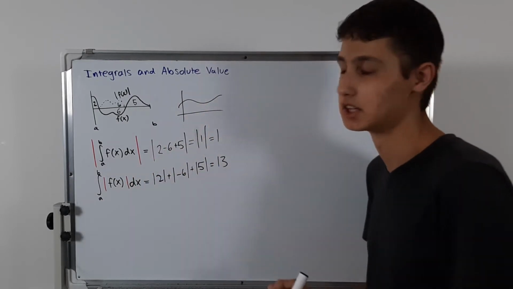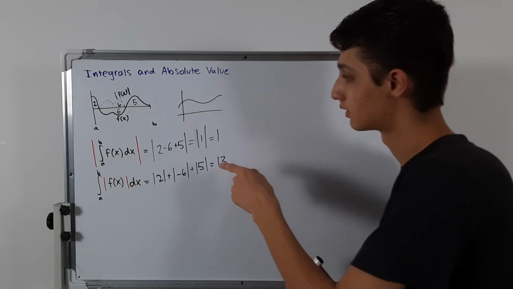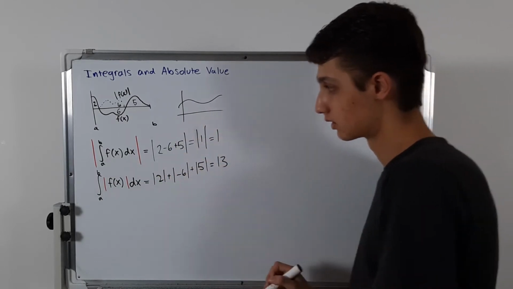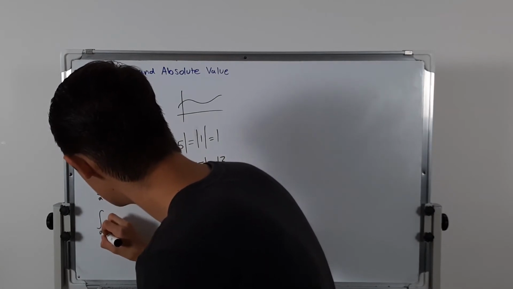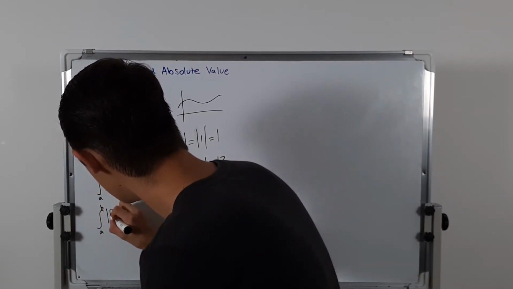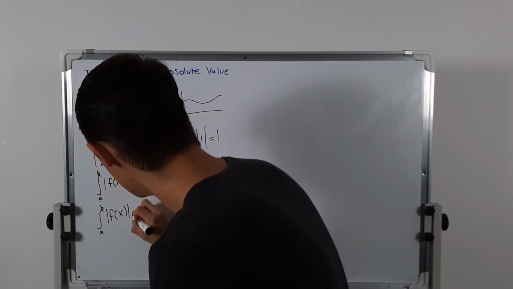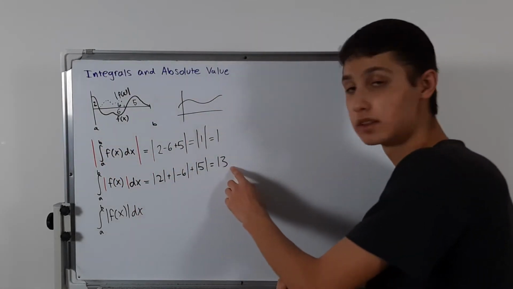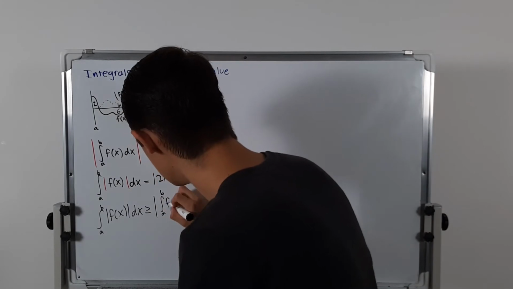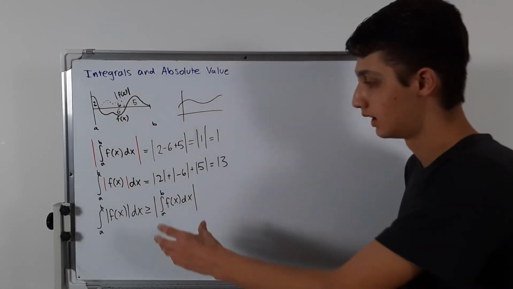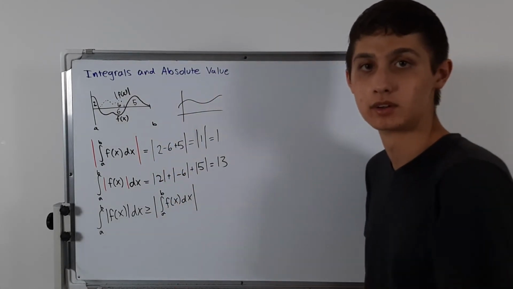So it's not going to change anything. So in other words, the integral from a to b of the absolute value of f of x is going to be greater than or equal to the absolute value of the integral. And this occurs in pretty much every single case.